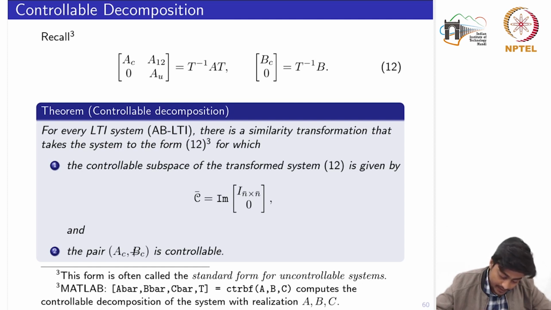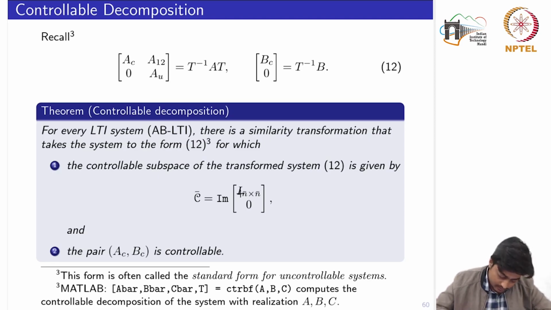Okay, and the pair AC, BC is controllable. Now, just visualizing this result, the question you ask yourself is: if I want to compute the rank of this AC, BC pair, the rank would be equal to n bar, and n bar is less than n.